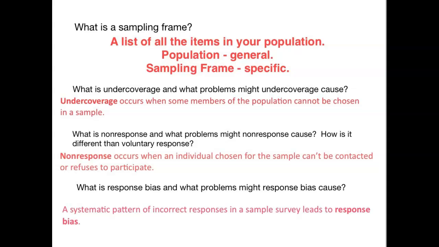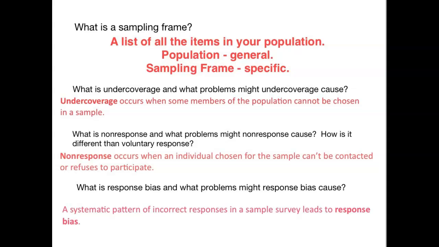So a sampling frame, when we talk about that, that's just a list of all the items in your population. So when I talk about a population, that's a general idea of what we're trying to study. And then a sampling frame is specific. So if I say the population of all students at our school, that's a general idea.